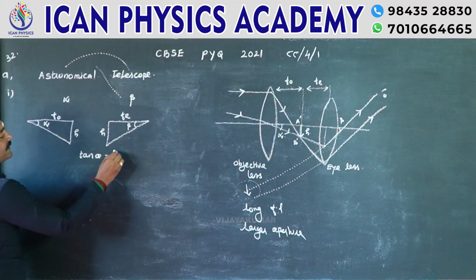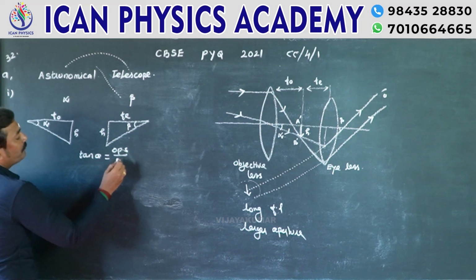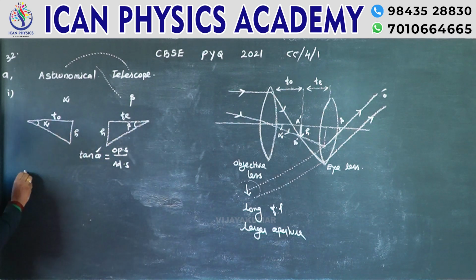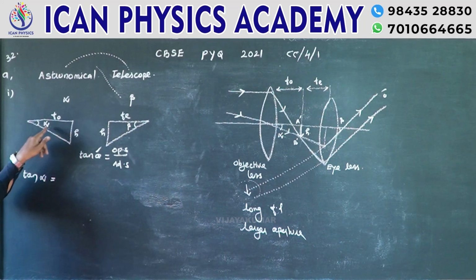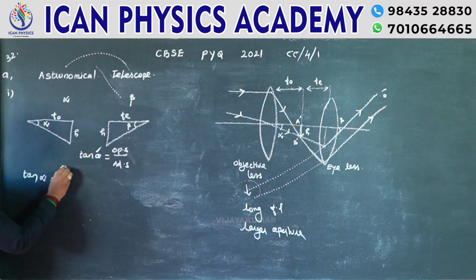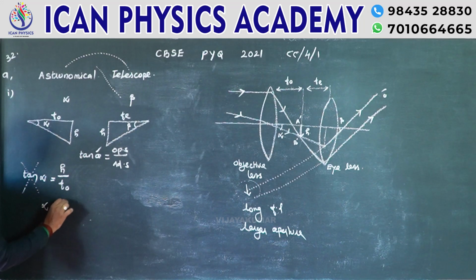What is tan theta? Opposite side by adjacent side. So instead of theta, I can write alpha equal to: the opposite side is h, the adjacent side is f0. Being a small angle, we can neglect the tan. Then alpha equals h by f0.